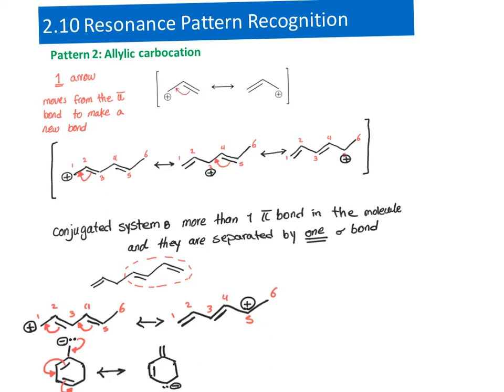So you can also draw all the resonance structures for this compound by pushing the arrows one by one, but it is also common, so you will see that we combine all the arrows to one another to get the last resonance structure.